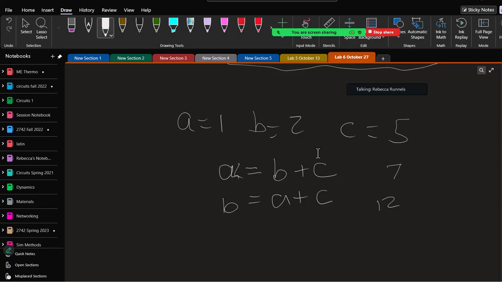But if I do it with non-blocking, then A equals 7 and B equals 6. Okay, I see what it's doing now. That makes sense.